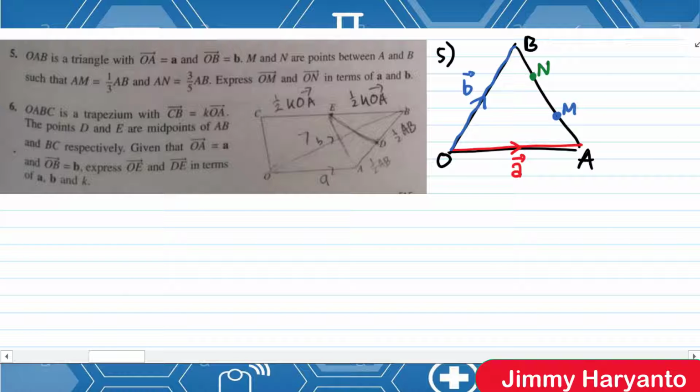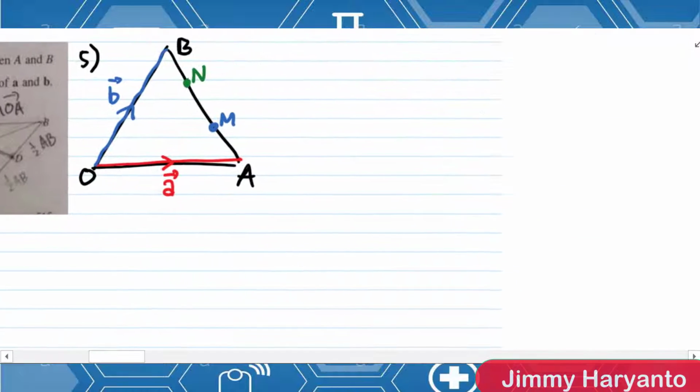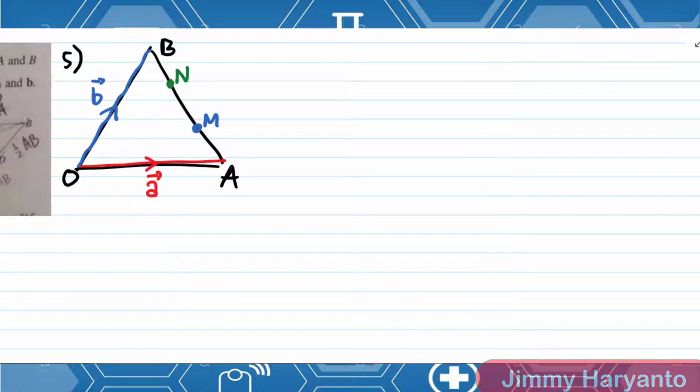So we have to find OM. Before we find OM, I want to find the vector AB.